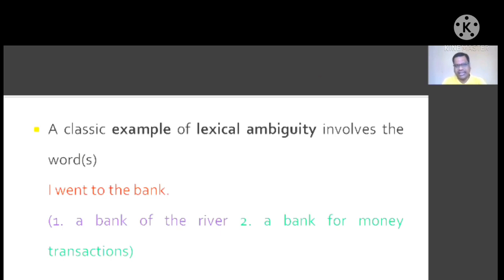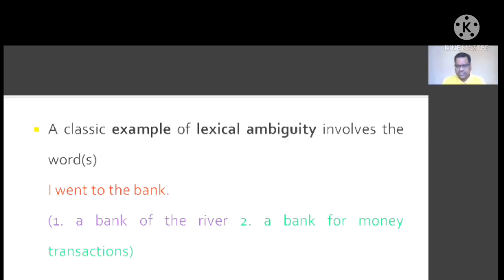Let us look at a very classic example in this regard. I went to the bank. The first meaning that you derive is very obvious. Maybe for some money transactions, I went to the bank.